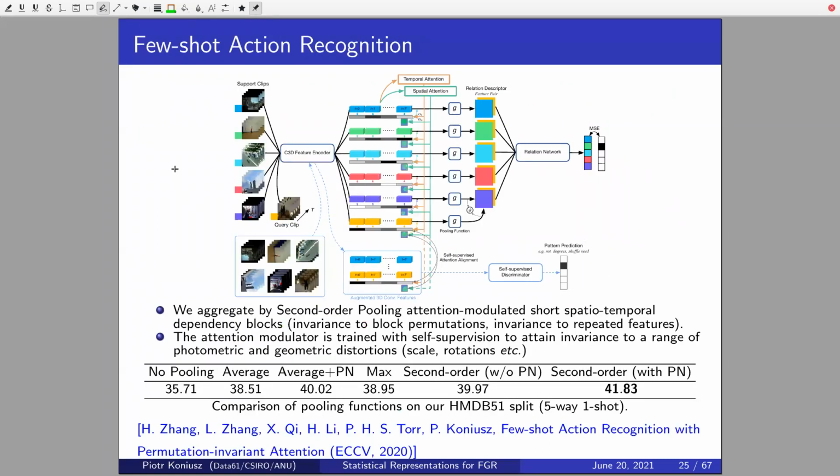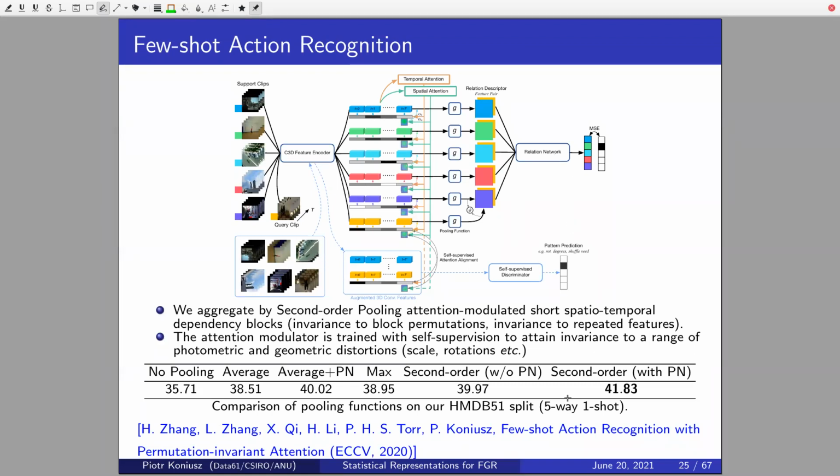We use the idea of second-order statistics in few-shot action recognition as well. So you can have support clips and a query clip, pass them through a C3D encoder, and obtain blocks of features. One can apply temporal-spatial attention, and again perform pooling, obtain second-order matrices, concatenate, and pass them through a relation network.